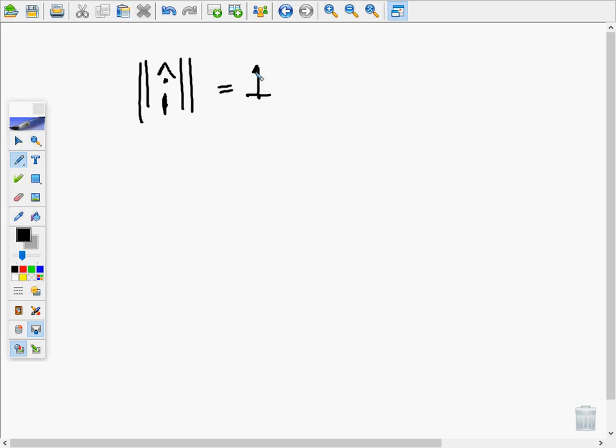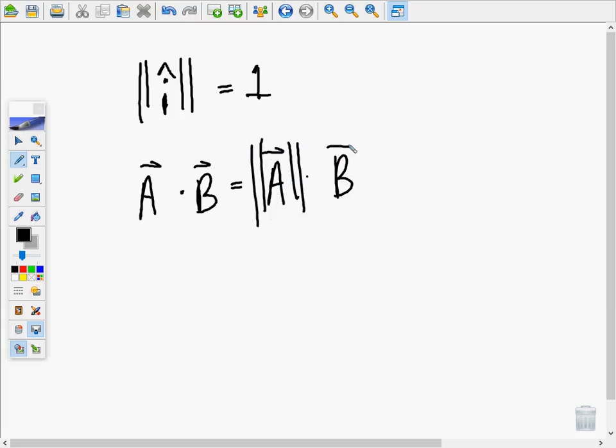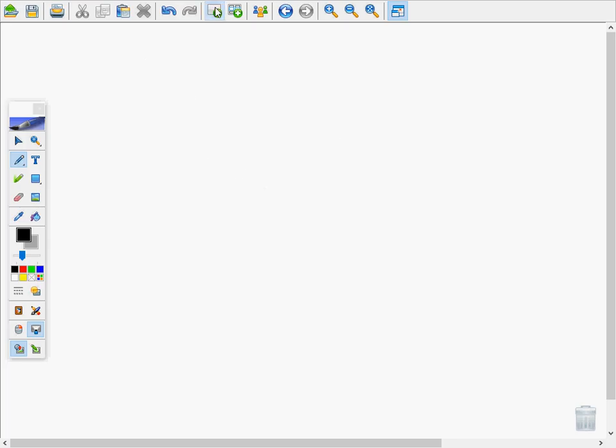And keep in mind that a dot product, A dot B, is equal to the magnitude of A times the magnitude of B times the cosine of the angle between them. Keeping those two things in mind, don't shout out the answers, answer these next 3 scenarios.